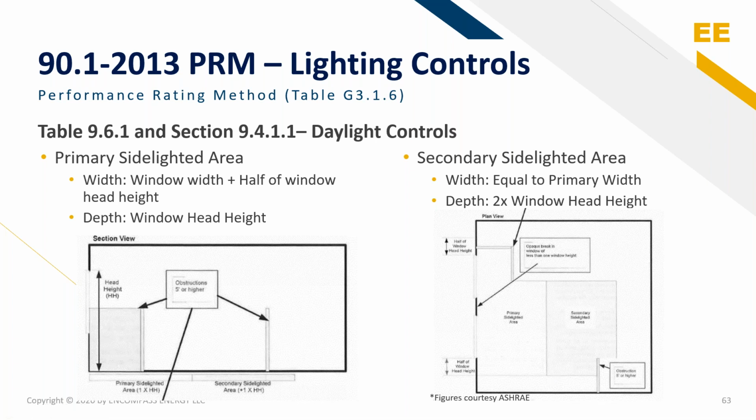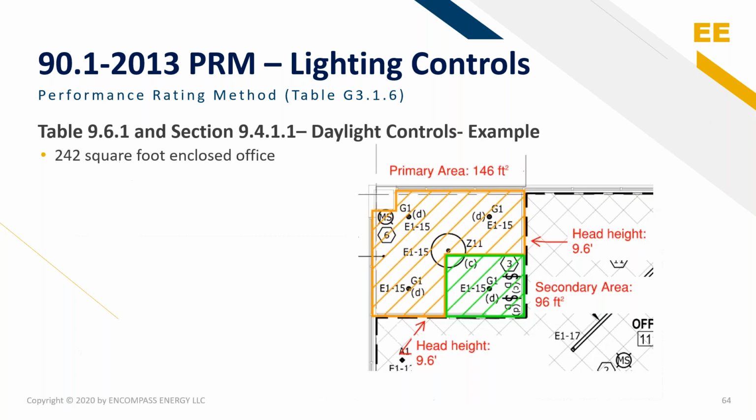Where you have obstructions, obviously that would limit the amount of light that gets passed, but in general, it's one head height and 2 head heights, and you have a little bit of width to the side, 1/2 of the head height, to determine the overall primary sidelighted area. So you would look within this space, count up the light fixtures, determine your wattage. If it's above 150, you have to have daylight controls in there, in the baseline.